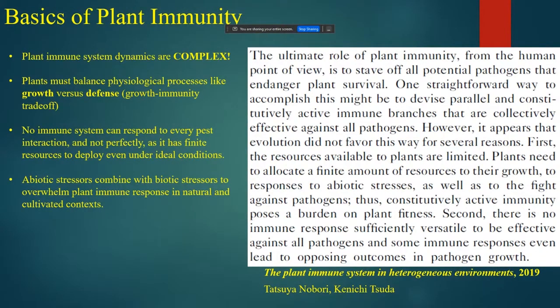And I won't go into too much detail here, but basically certain things like the growth immunity trade-off, if plants are getting stressed through abiotic and biotic factors, pests, things like that, then the pathways that link vegetative growth and bolting and flower development are intrinsically linked to other aspects like how you combat pathogens and insects and things like that. And so it's not possible for an organism like a cannabis plant, for example, to really do both at maximum efficiency.